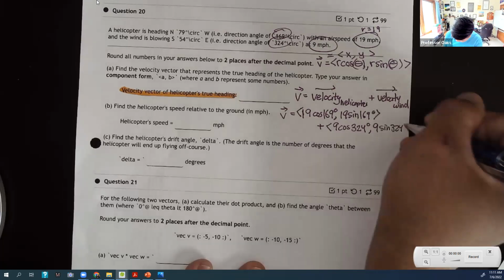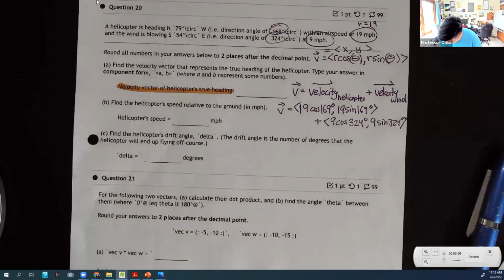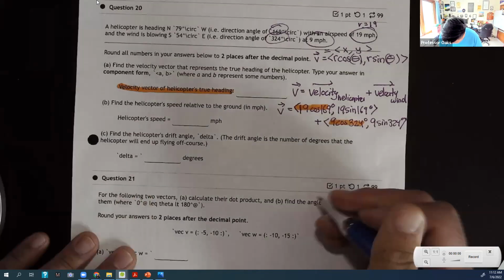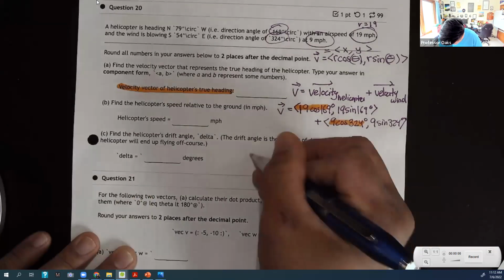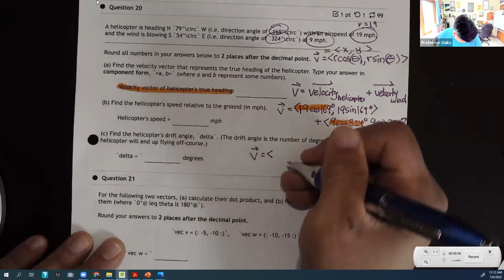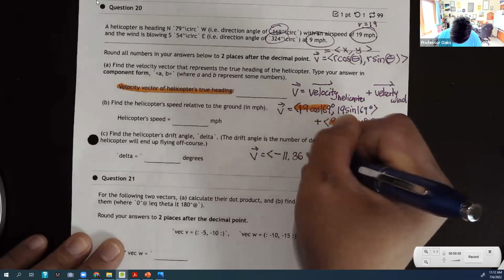If you add those together, I really don't feel like this is going to be too bad for you. If you add the orange numbers together there, you get negative 11.36976.